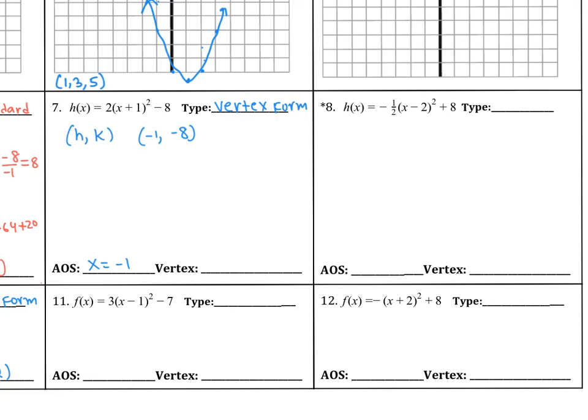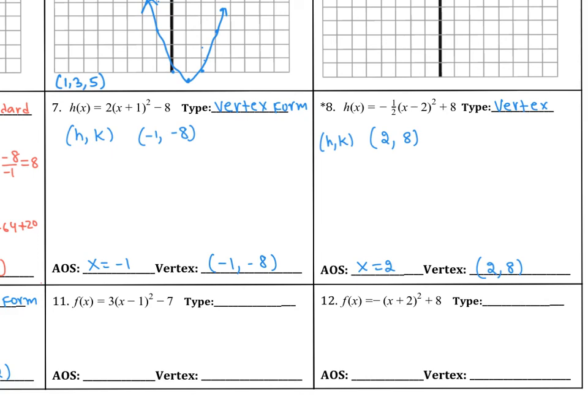Vertex is going to be -1 comma -8. For number 8, again it is a vertex form. H comma k is 2 comma 8, because you're using the opposite sign for h. X equals 2, vertex is 2 comma 8.